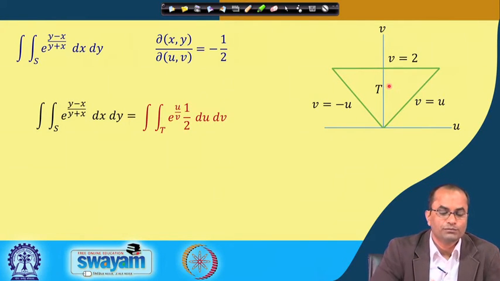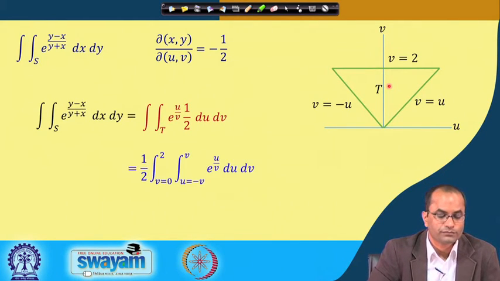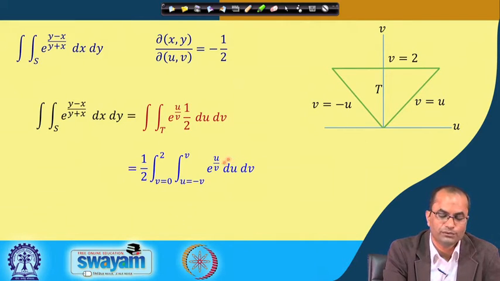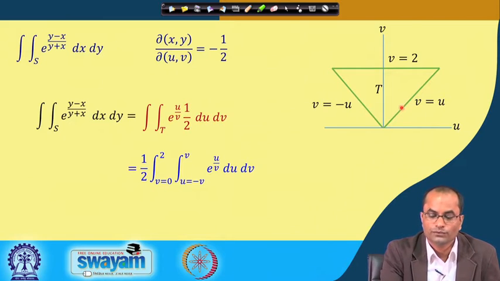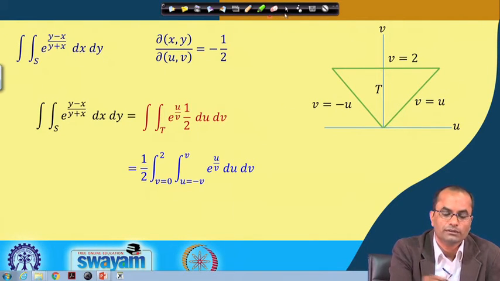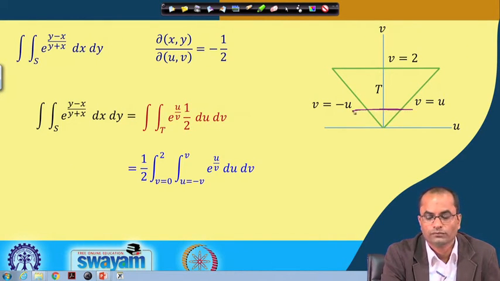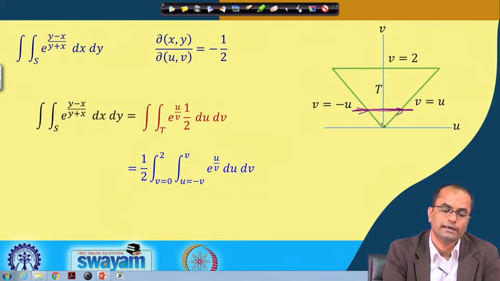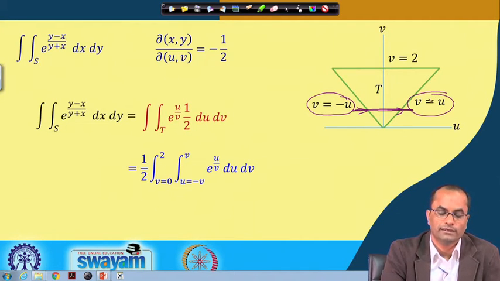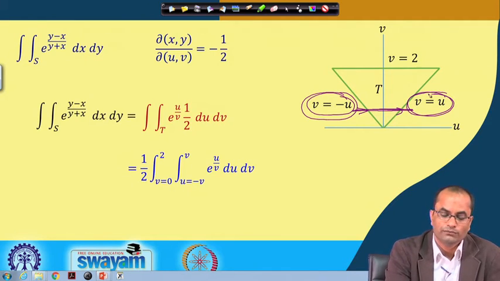So, we have to put now the limits for u and v. So, first if you put the limit of u here, limits of u always from this line to the other one. So, for u we are entering the domain at this line and exiting the domain at that line. That means, v is equal to minus u from here, so u is equal to minus v from here, and u is equal to v from there.